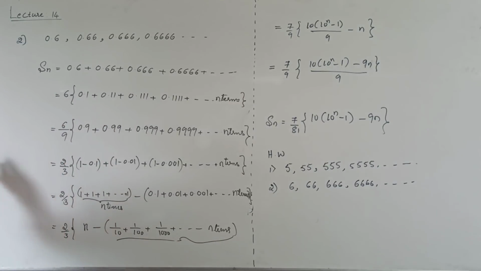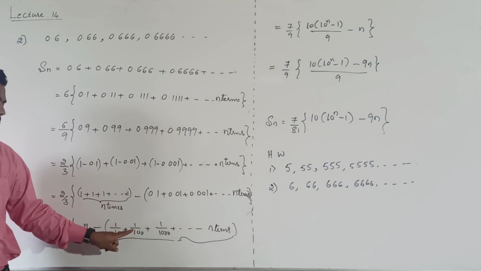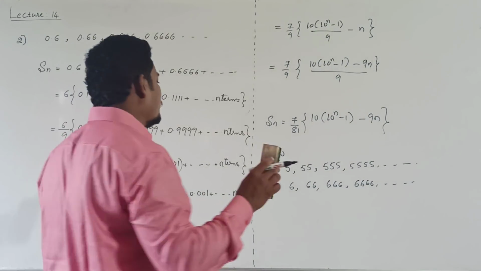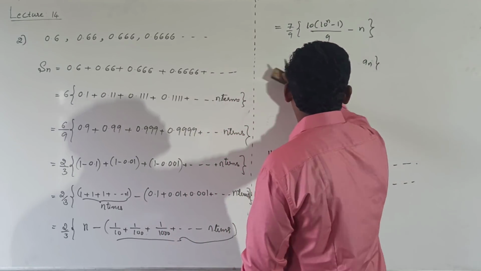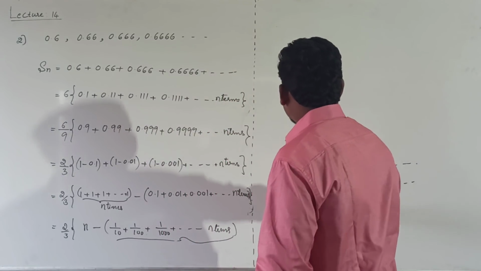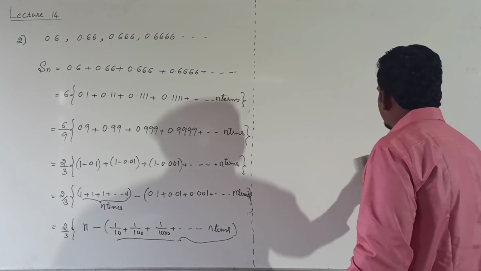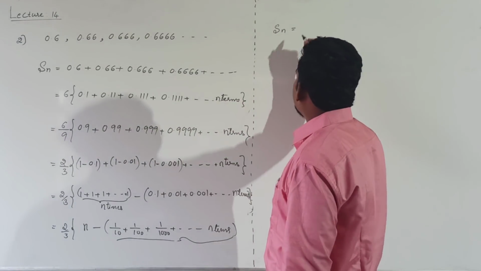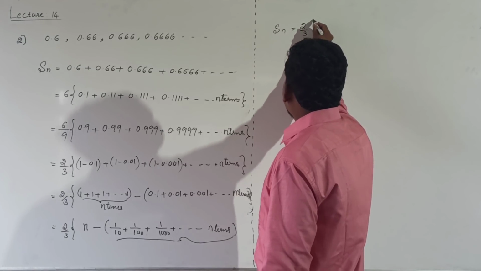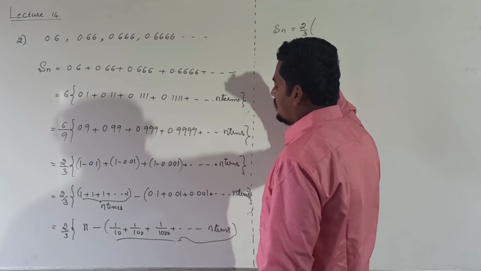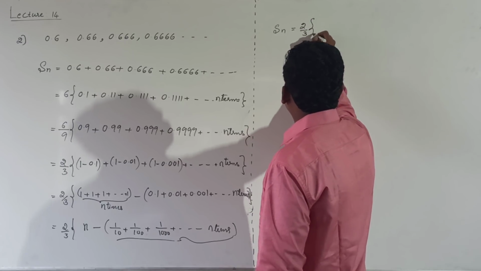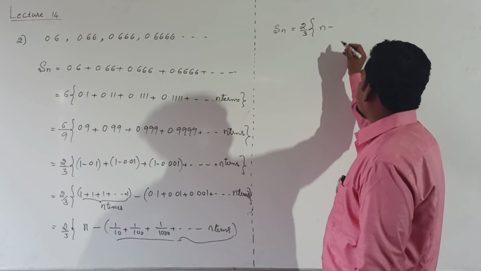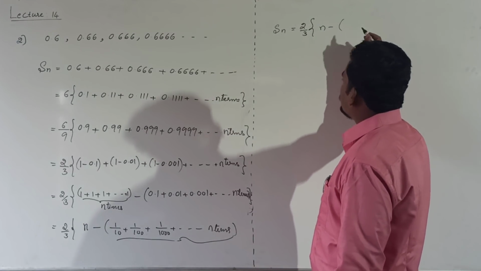Clearly this is a GP. Now apply the sum of first n terms of the GP formula. Then Sn is equal to 2 by 3 in bracket n minus, use the Sn formula.